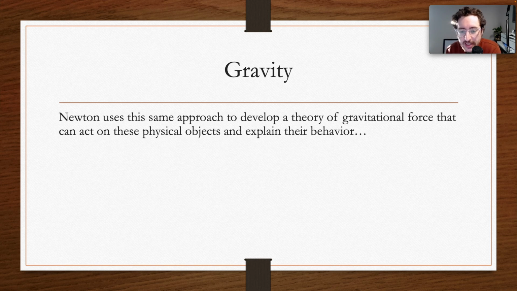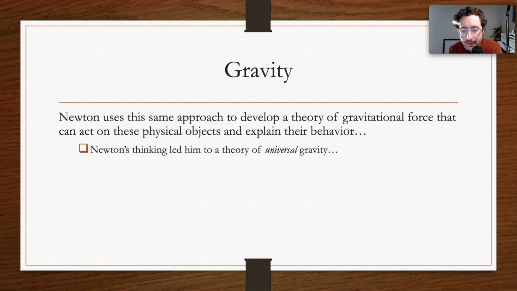Now, Newton uses the same approach to develop a theory of gravitational force that can act on these physical objects and explain their behavior. So remember, objects in motion will tend to stay in motion unless some outside force acts upon them. Well, one of the forces that can act upon these objects to change the direction or speed of their motion is gravitational force. We're not going to go through the details of his theory of gravity, but Newton's thinking led him to a theory of universal gravity.